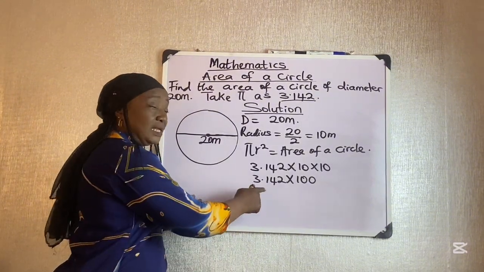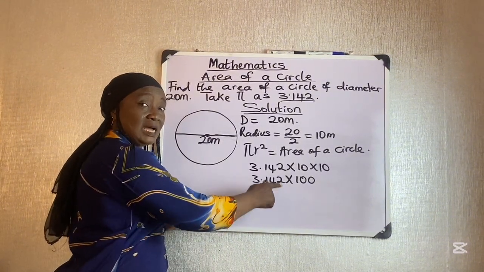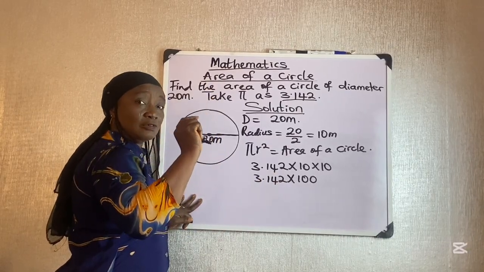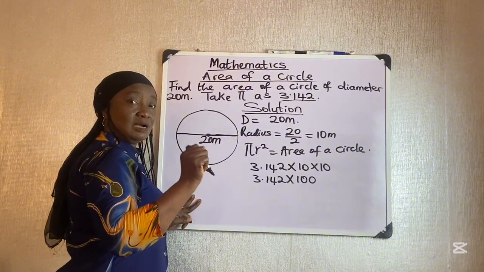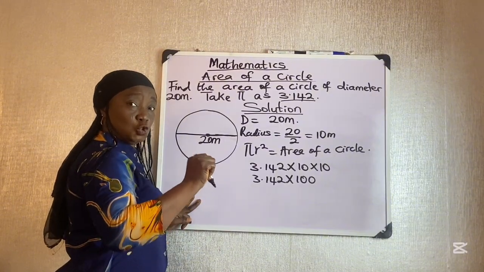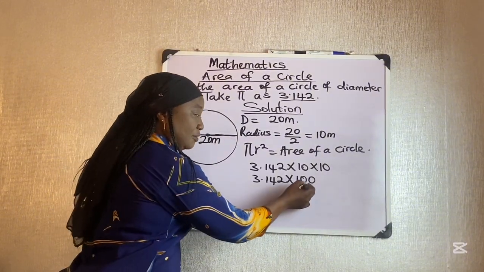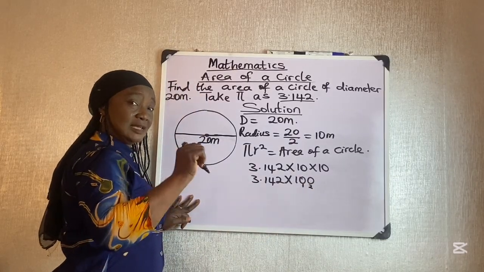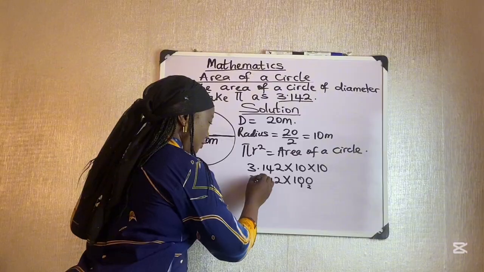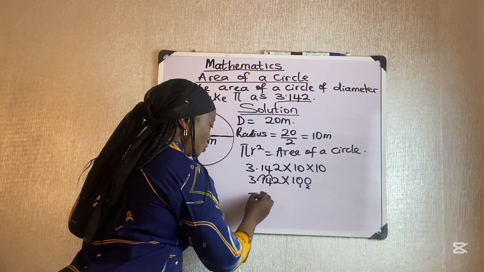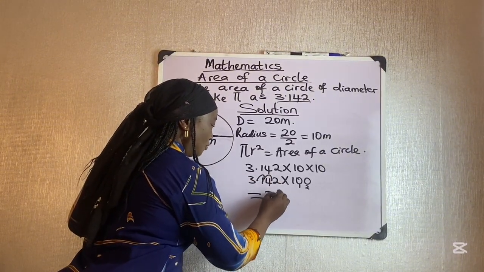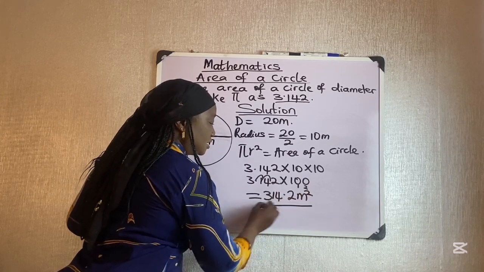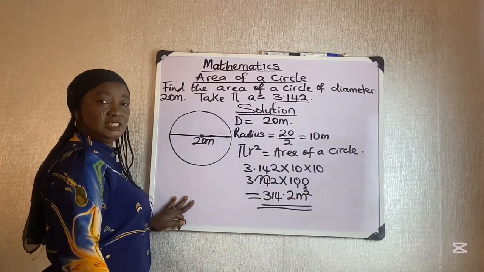When you are multiplying decimal by a number that has 0, decimal point moves to the right. The number of 0 dictates number of times decimal point should be moved. So in this case, we have 2 zeros. So the decimal point will be shifted to the right 2 times. 1, 2. So 314.2 meter square. This will be the final answer in this situation.